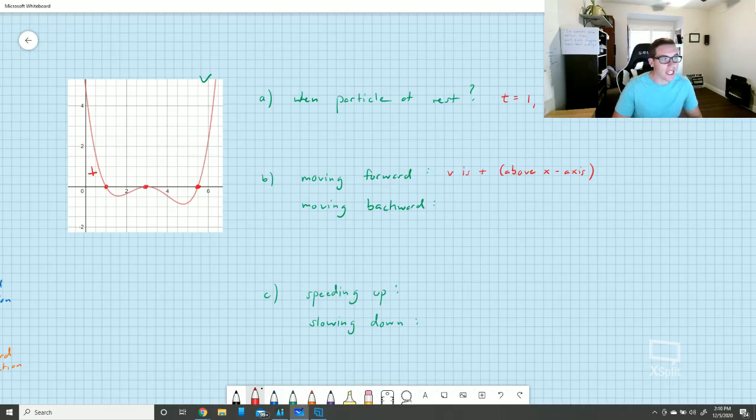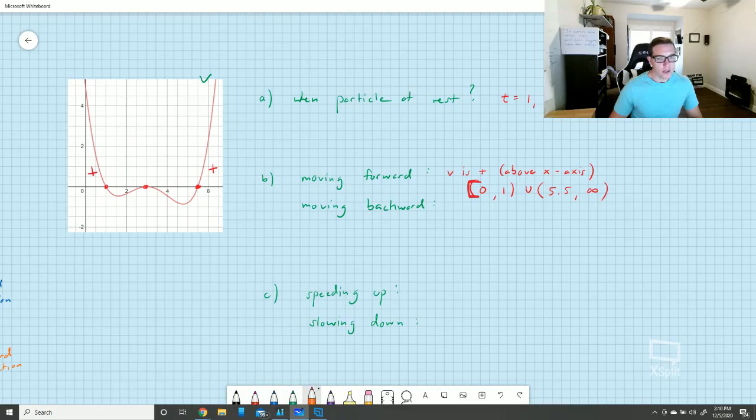If I looked at this like it was position, the particle would be moving backwards. It's not position, it's the velocity curve. So I'm moving forward in that section and I'm moving forward in this section. So that looks like the interval from 0, again, I had initial velocity in this case, to 1, and then from 5.5 to infinity, or the end of the interval.